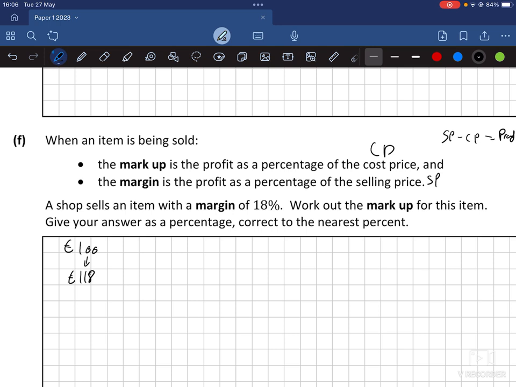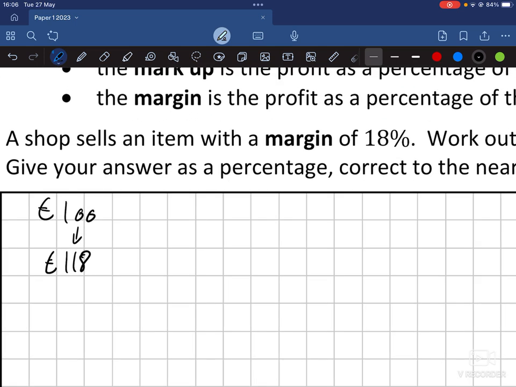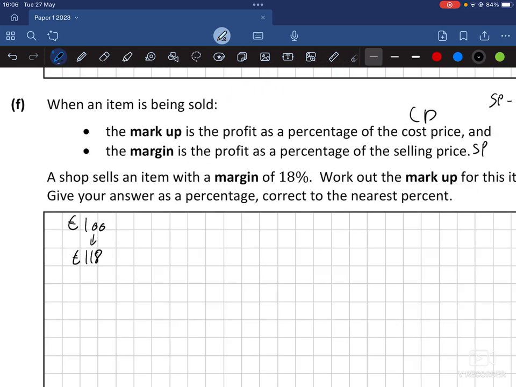Interesting. I'm thinking about doing this algebraically now, to be fair. Oh, sorry. So, okay, let's say they made €18 profit.